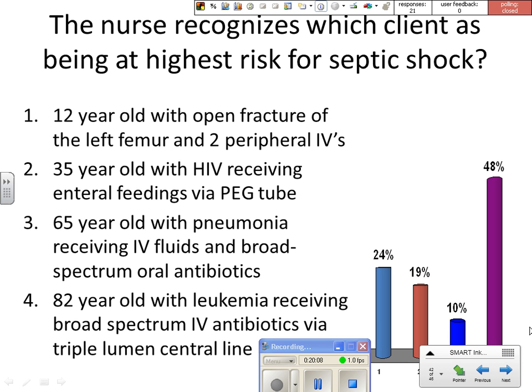Okay, 24% said the 12-year-old, 19% said the HIV, 10% said the pneumonia, and 48% picked the 82-year-old. Why is she the highest risk?